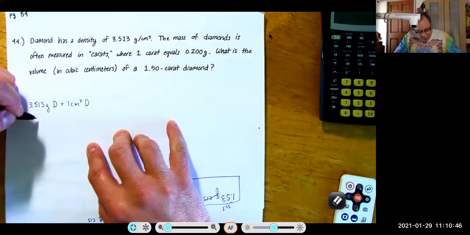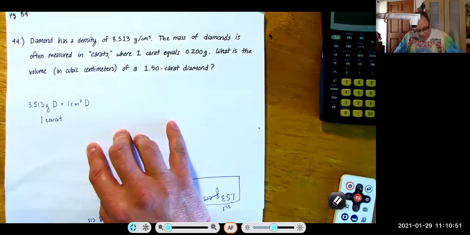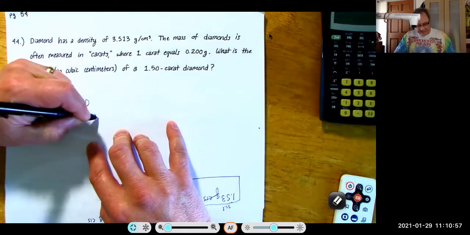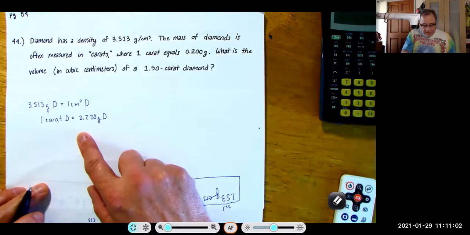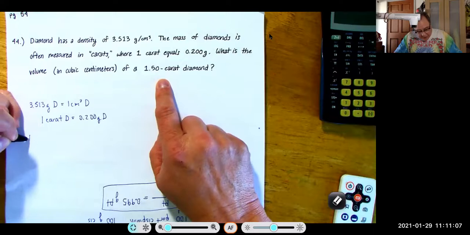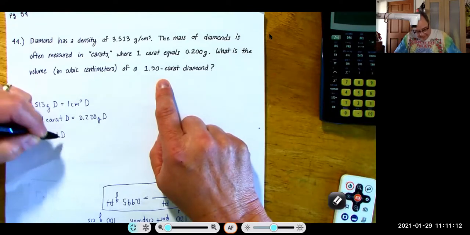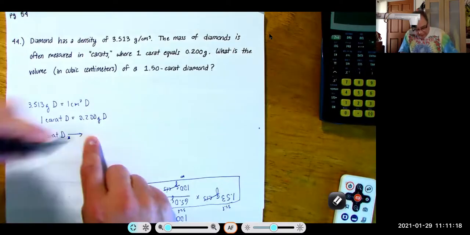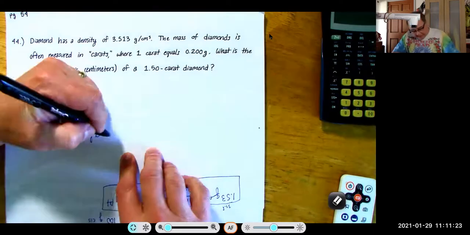So I'm going to put 1 carat, because I don't know an abbreviation for carat. 1 carat of diamond is 0.200 grams of diamond. So that's another conversion. What is the volume of a 1.50 carat diamond? So I can see that I'm going to start with 1.50 carats of diamond, and I'm going to convert from carats of diamond to grams of diamond, and then I'm going to convert from grams of diamond to centimeters cubed of diamond.